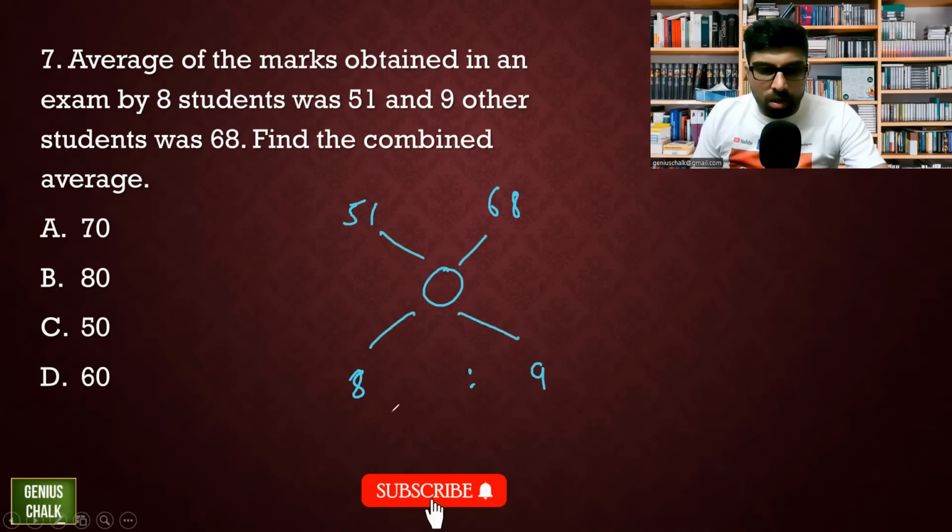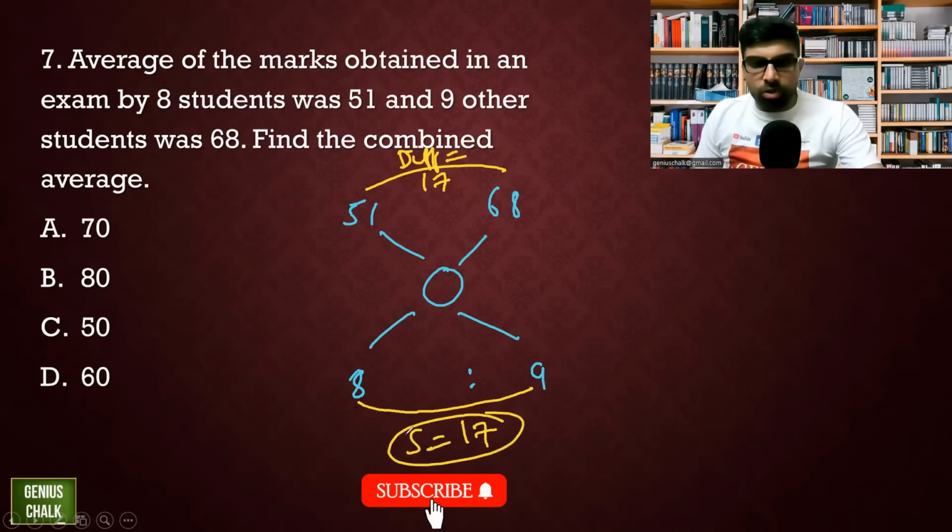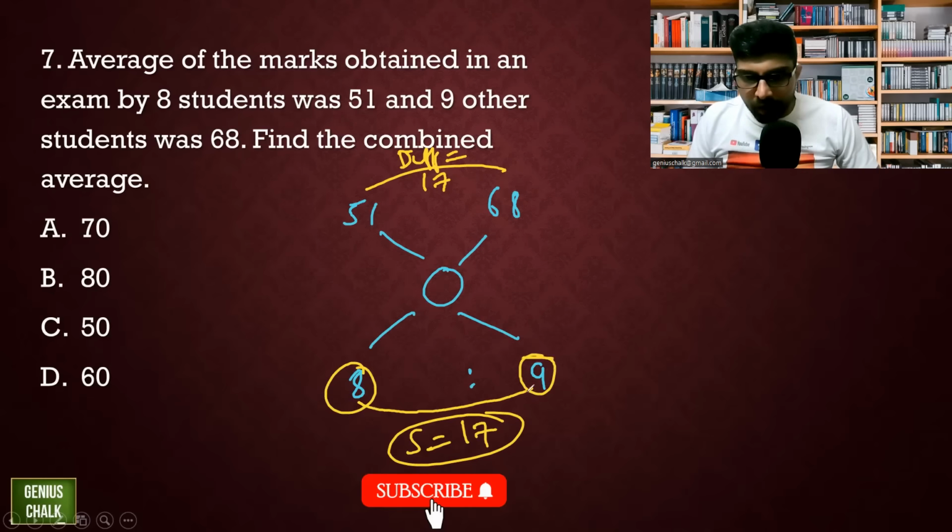So the rule is that the sum of the ratio, what is the sum of the ratio? 17. It has to be the same as this. You can see that the difference of the above averages must be equal to the sum of the two ratio. The sum of the two ratio is 17 and the difference above is also 17. That means whatever ratio is written, they are the actual ratios.